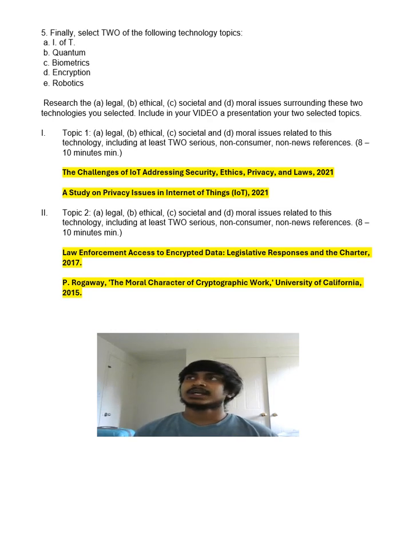The reference that I have used is from the challenges of IoT. According to this research, it is essential for IoT applications, particularly in sectors like healthcare and smart cities, to comply with data protection laws.